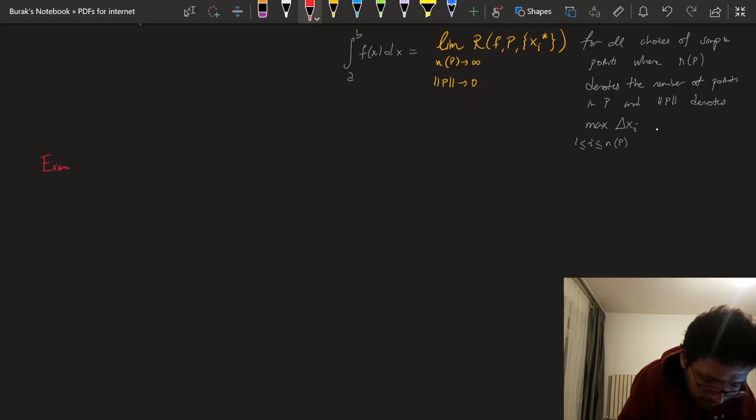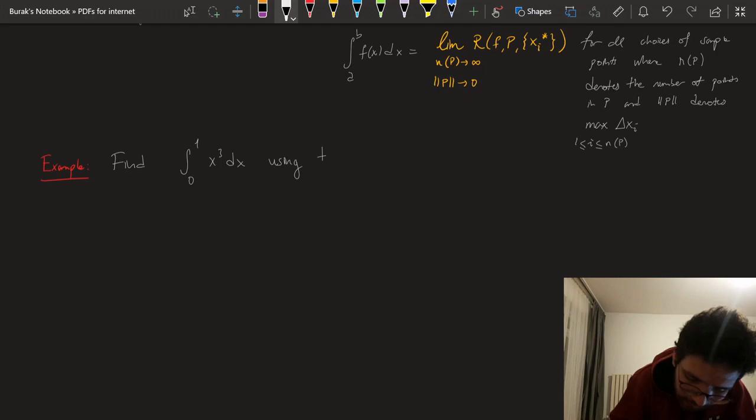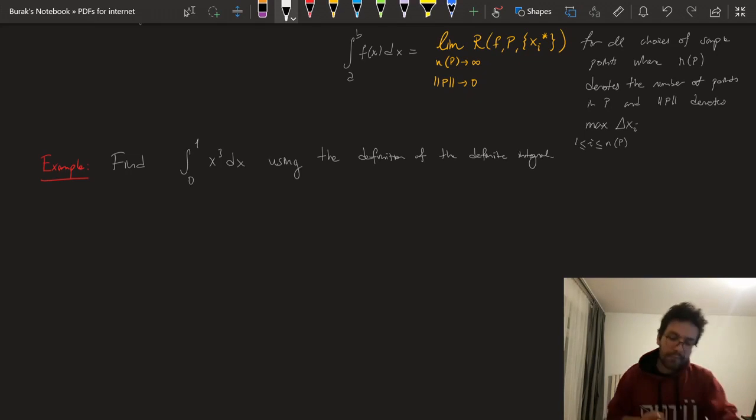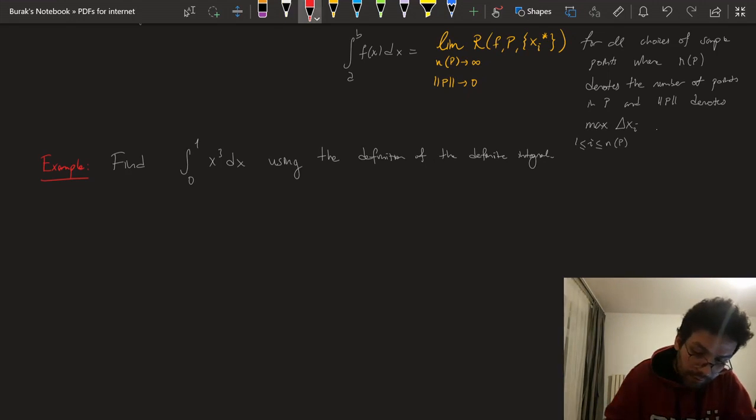Example: find the integral of x cubed from 0 to 1 using the definition of the definite integral. Solution.